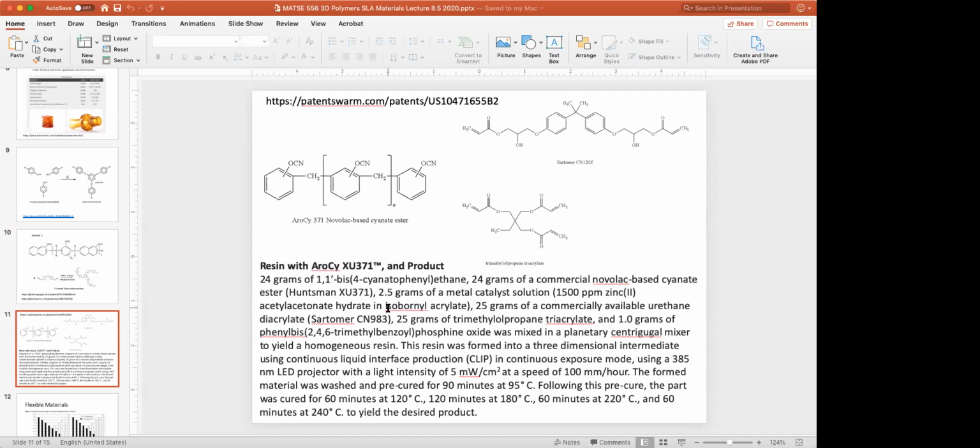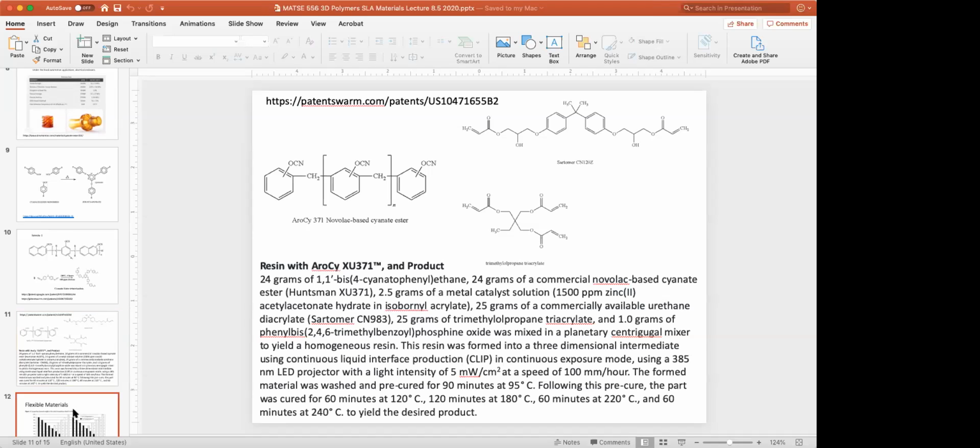And when we talk about polymer-derived ceramics, and when we talk a little bit about ceramic printing, we'll bring this back up because they do exactly the same thing where they're taking a polymer and turning it into a ceramic by putting some catalyst in there and then doing pyrolysis rather than just this lower temperature curing. But if you're interested in really specific recipes for a lot of these SLA resins, you can find them in the patent literature, and the examples provide some nice formulations.